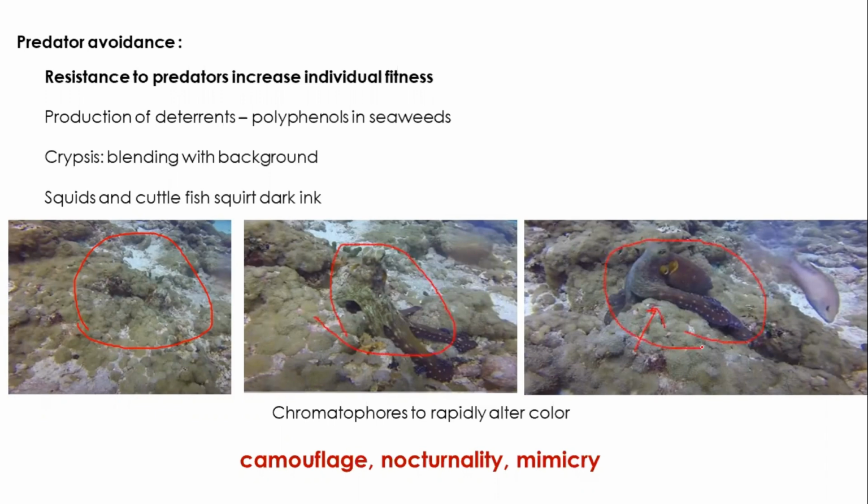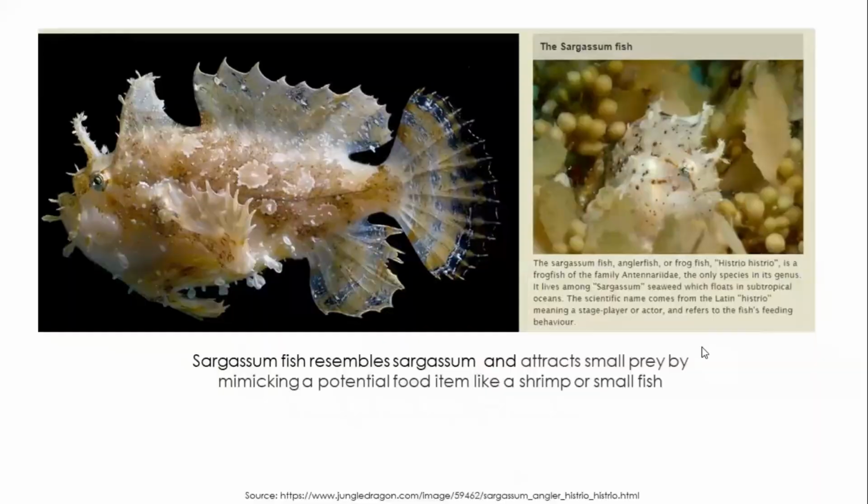So this is an excellent example of crypsis behavior, or you can also say camouflage to the environment. And why does it happen? Because marine organisms have chromatophores that can rapidly alter color based on the background, right? So that is one way. Another crypsis example could be nocturnality or mimicry. We will see in the coming slides what it is, right?